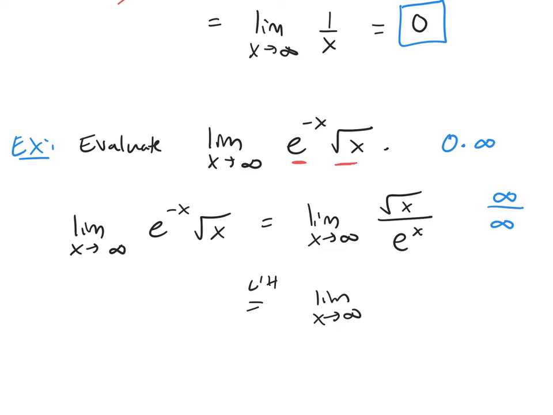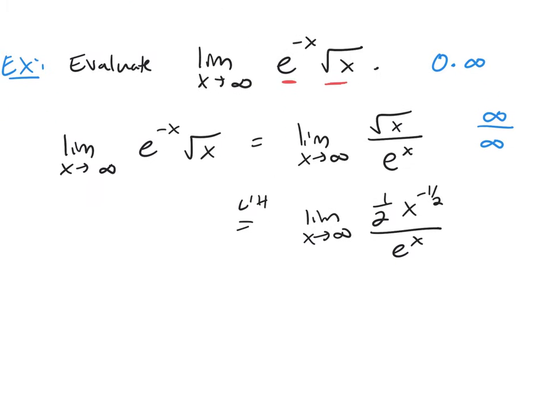The derivative in the top will be 1/2 x to the negative 1/2. The derivative in the bottom will be e to the x. And if I rewrite this, putting everything where it goes in the denominator, this will be 0 for this limit.